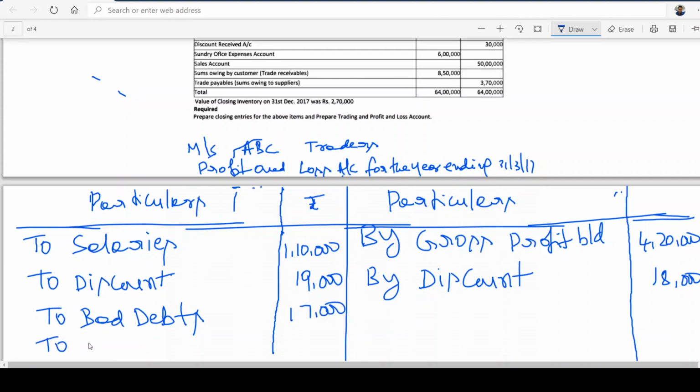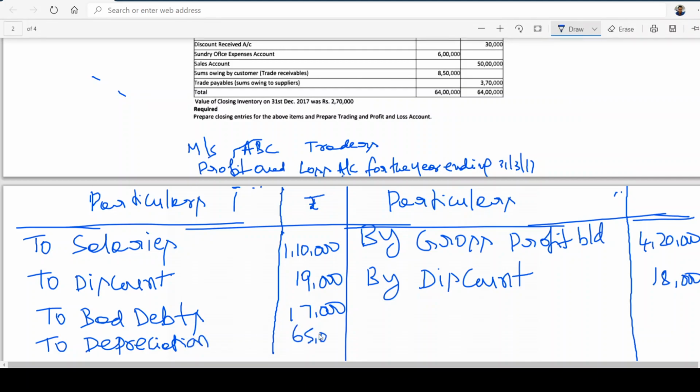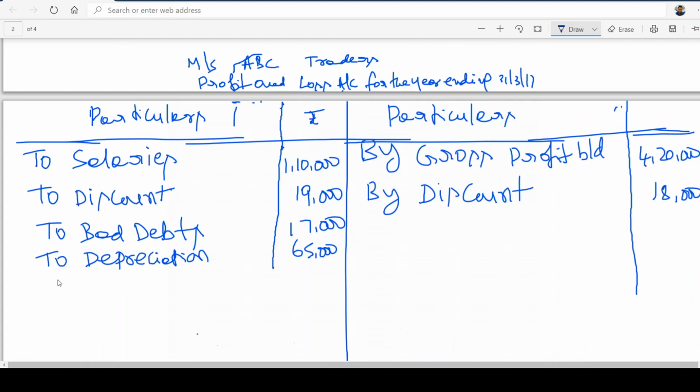Depreciation 65,000. Then to legal charges 25,000.